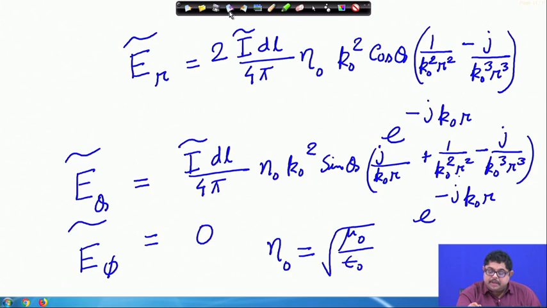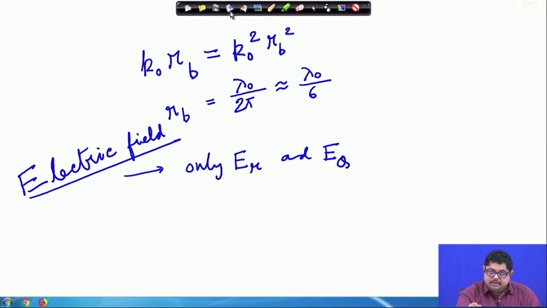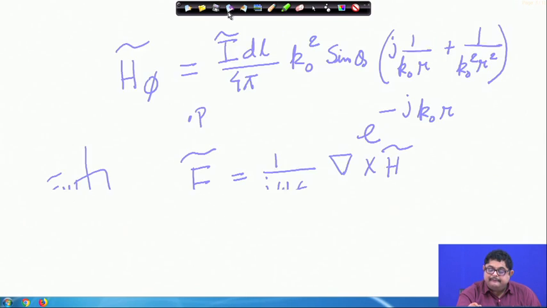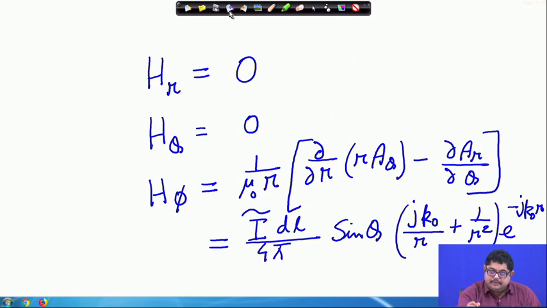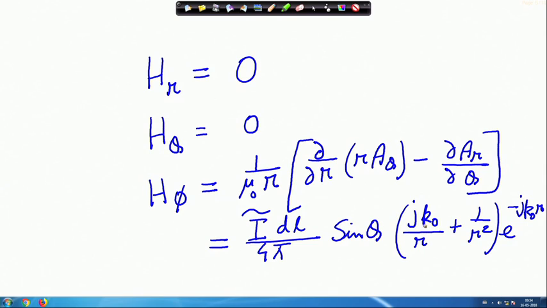Let us see the magnetic far field, if I have written. This also has a time phase of j.